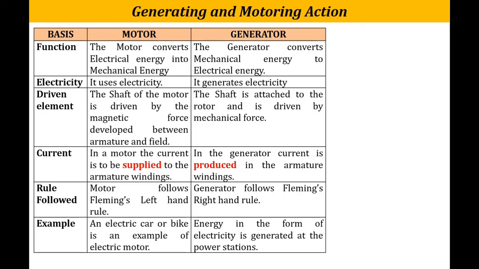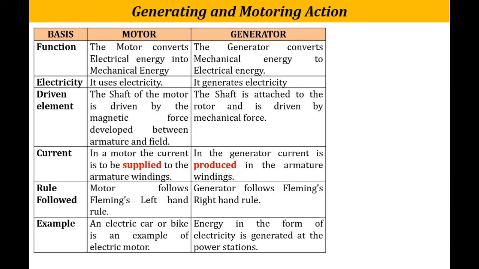The shaft of the motor is driven by the magnetic force developed between the armature and the field in the case of a motor. Whereas in a generator, the shaft is attached to the rotor and is driven by a mechanical force, by hand, let's say. In a motor, the current is to be supplied to the armature winding, whereas in a generator, the current is to be produced in the armature winding.